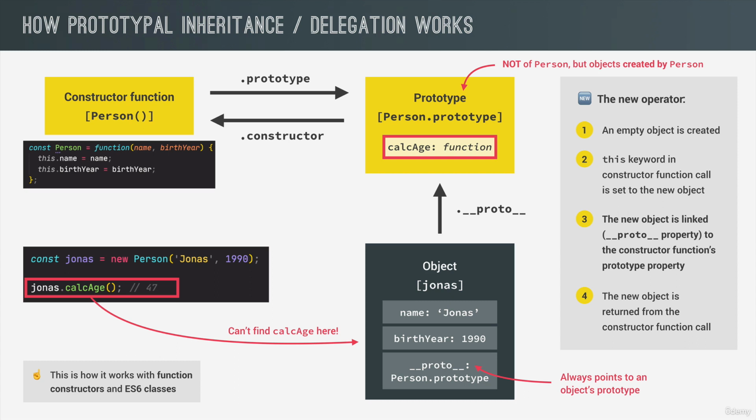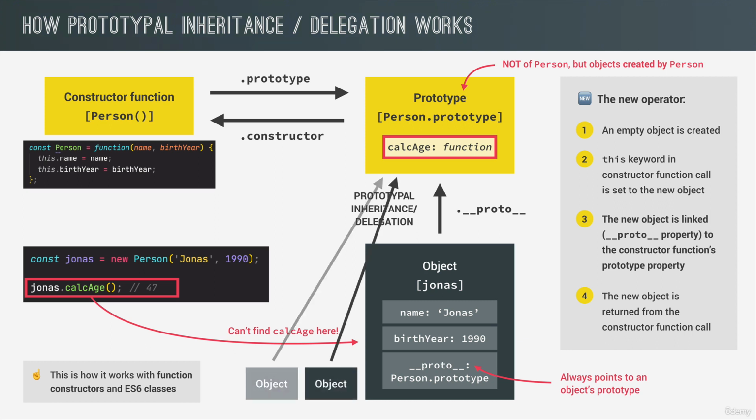And the behavior that we just described is what we already called prototypal inheritance or delegation. So the jonas object inherited the calcAge method from its prototype. Or in other words, it delegated the calcAge functionality to its prototype. Now the beauty of this is that we can create as many Person objects as we like, and all of them will then inherit this method.